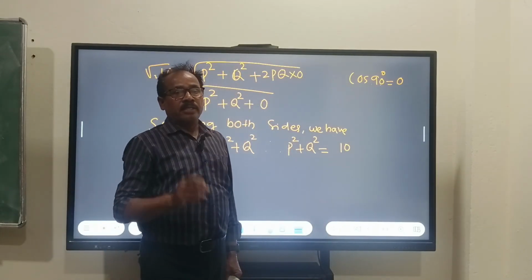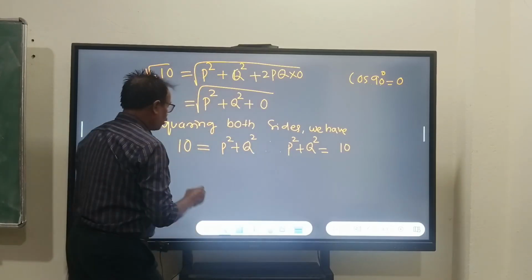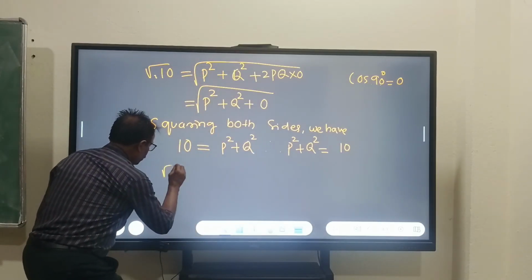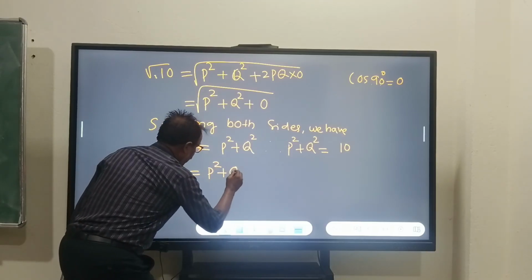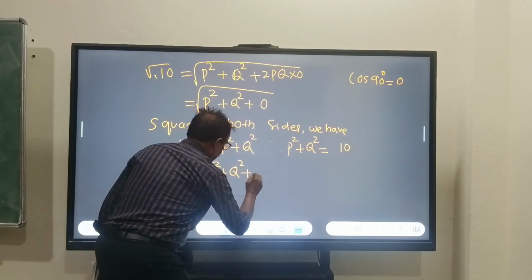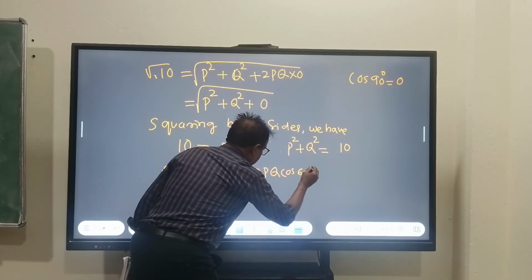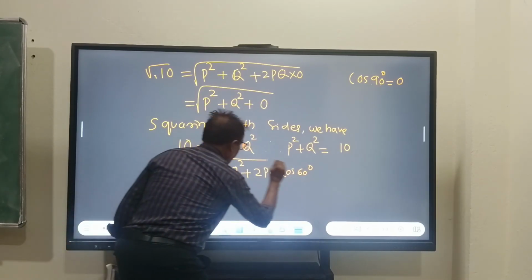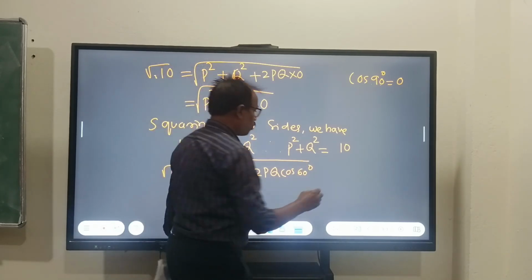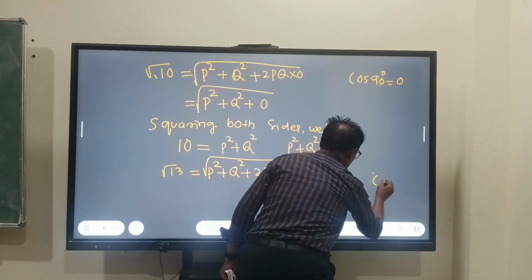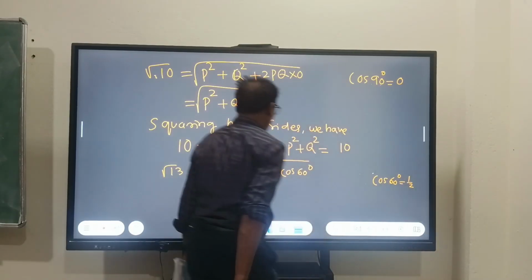Then, when theta is equal to 60 degrees, R is equal to root over 13. Then we have root over 13 is equal to root over P square plus Q square plus 2PQ cos 60 degrees. You know that cos 60 is equal to 1 by 2.